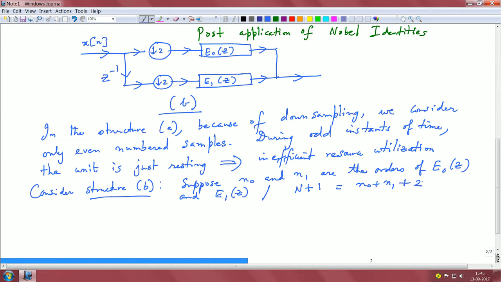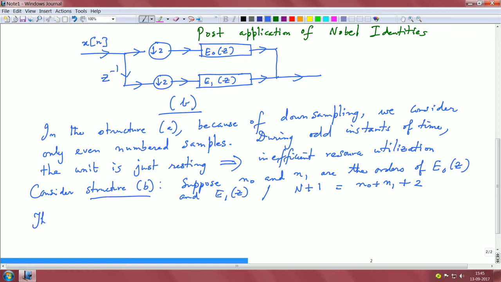Let us say this equation holds, right. That means we have lower order filters for E0 and E1, and the overall filter order is let us assume this is N, right, having N plus 1 coefficients.